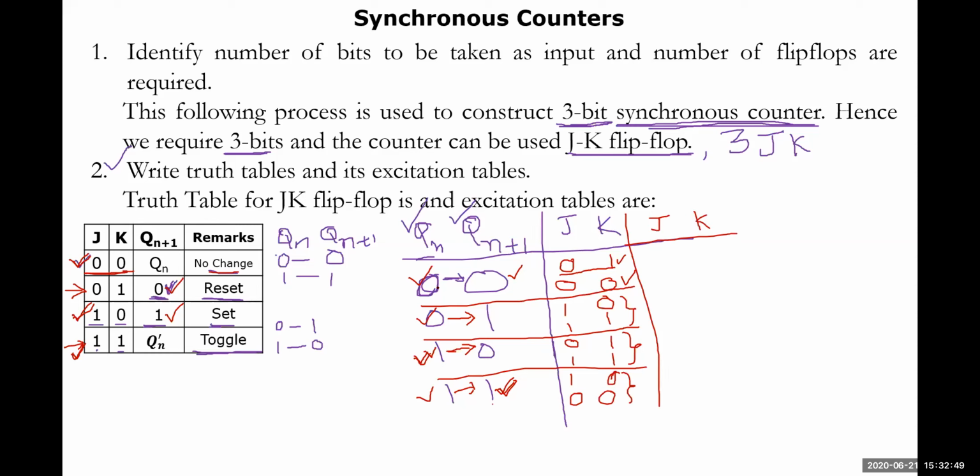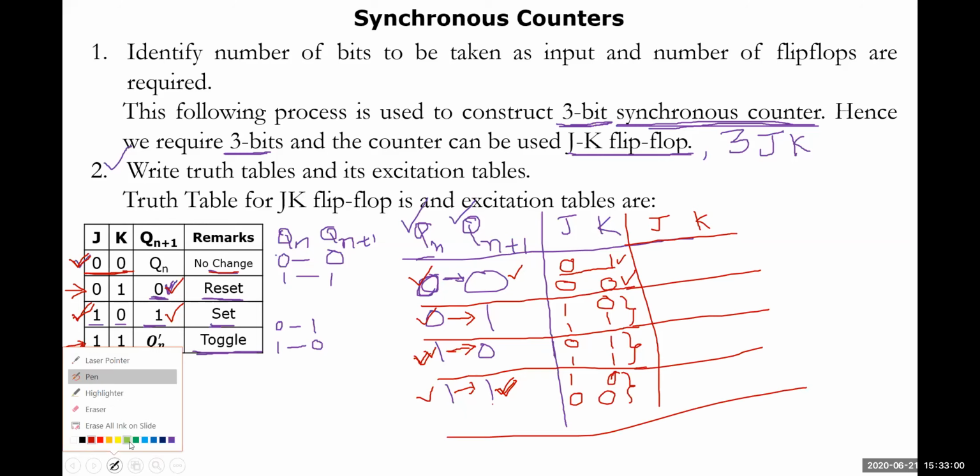Say you want 0 0, 0 1, 1 0, and 1 1. If you want to specify something like that, what kind of inputs might it be? In these two cases, J will be common, that is 0, but K will be either 1 or 0.